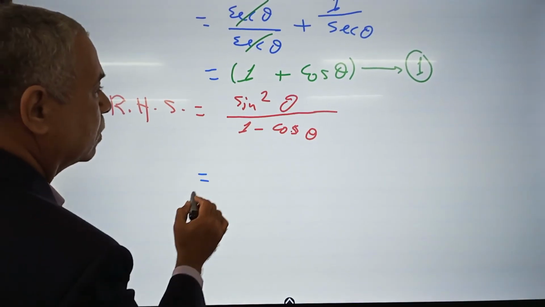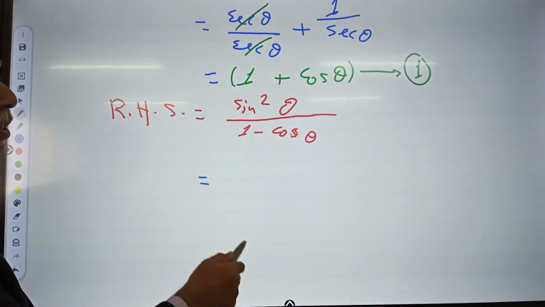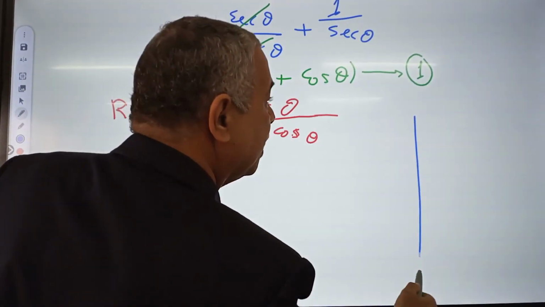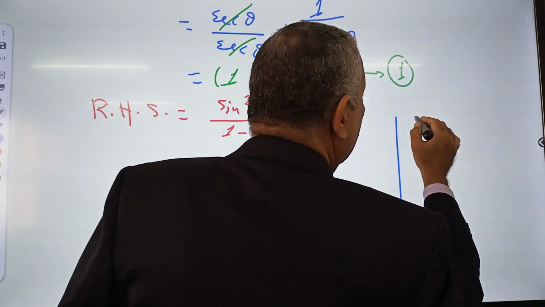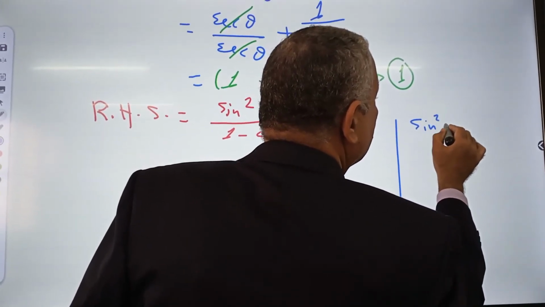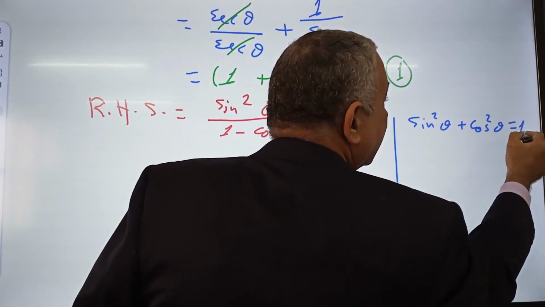Under equals, sin²θ. We can find the value of sin²θ from the first rule, which is sin²θ plus cos²θ equals 1.